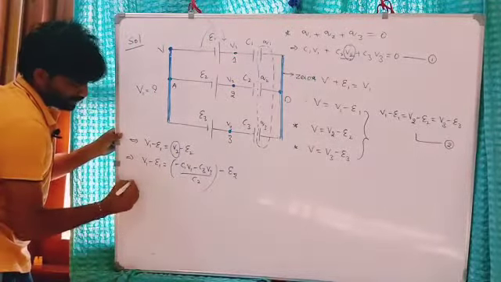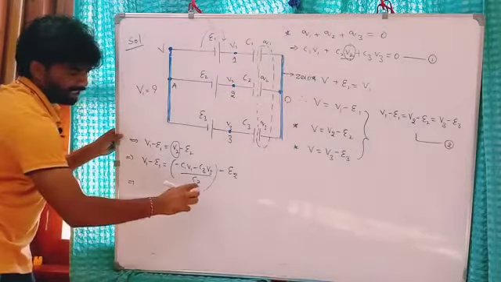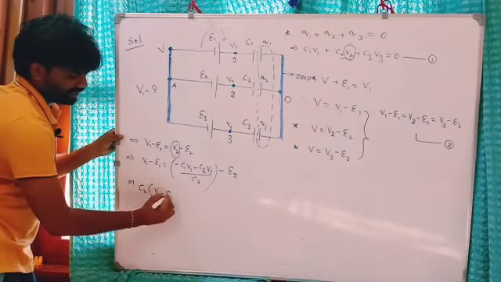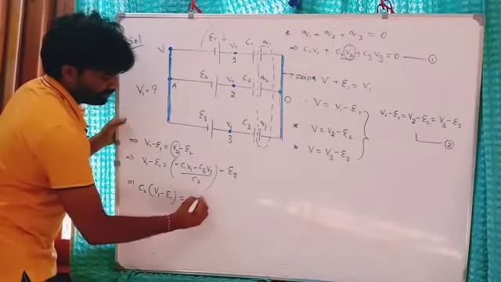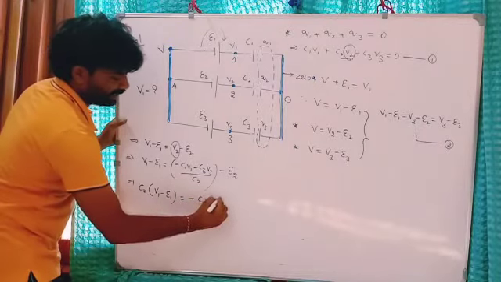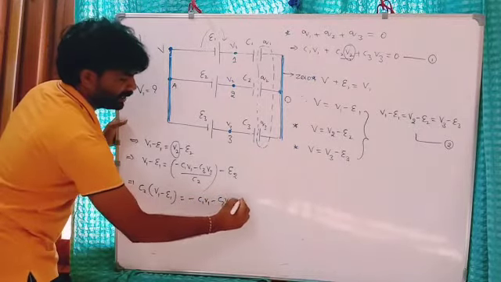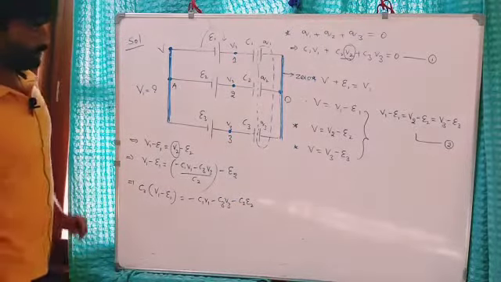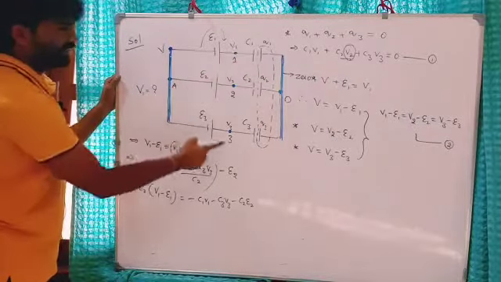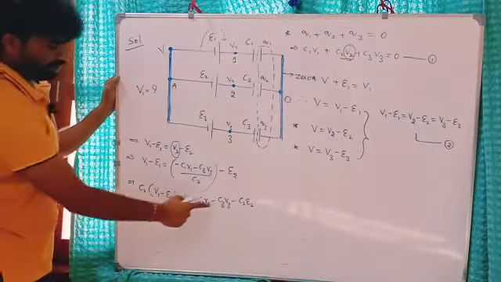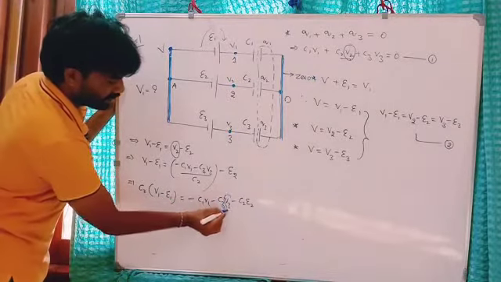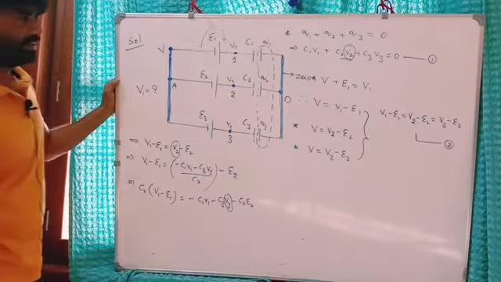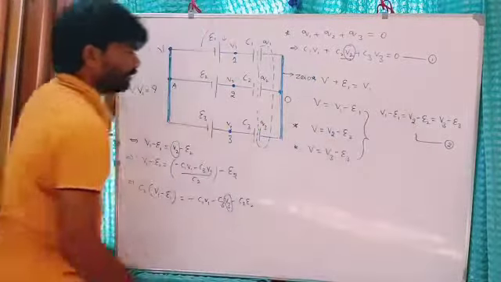Now the next step is to take the LCM C2 and bring it to this side: C2 into V1 minus E1 equals minus C1 V1 minus C3 V3 minus C2 E2. But actually we should write V1 in terms of the given quantities. All the terms are given except V3, so we should change that V3 also. How can we change V3? You can use relation 2 now.